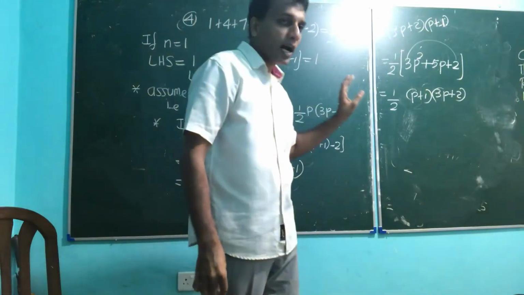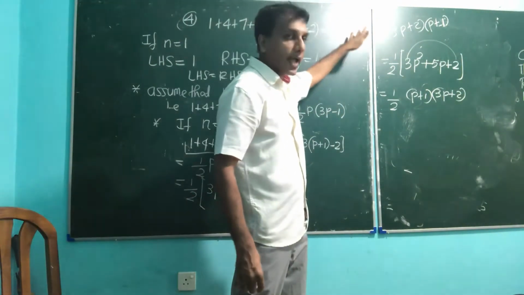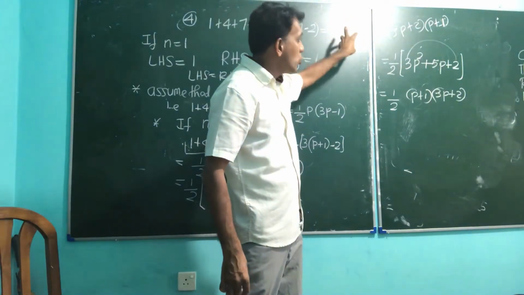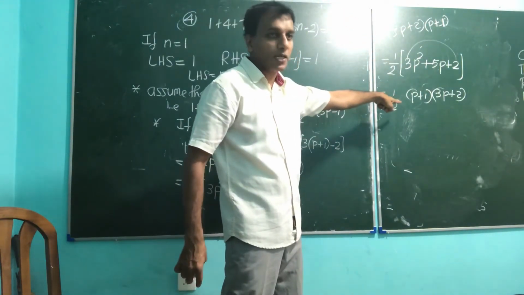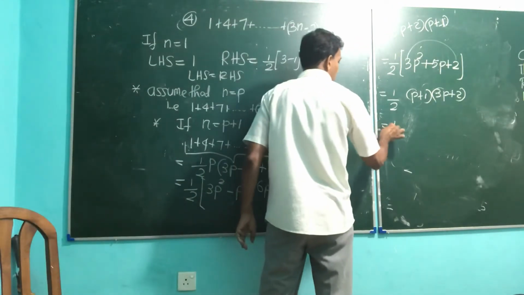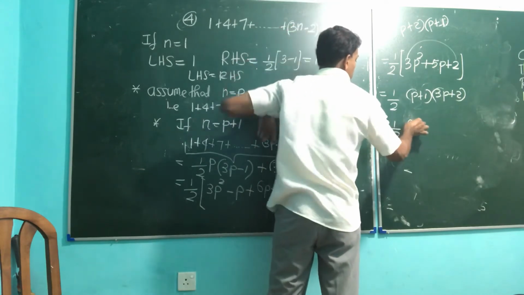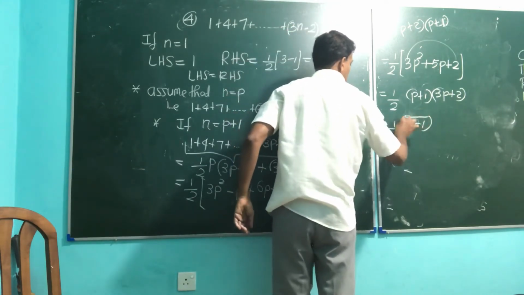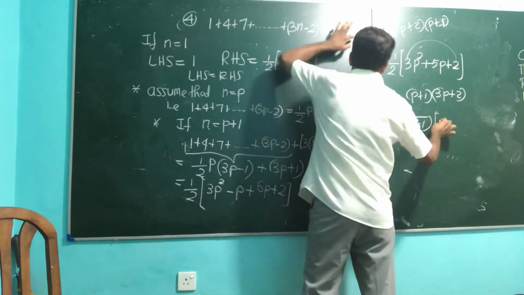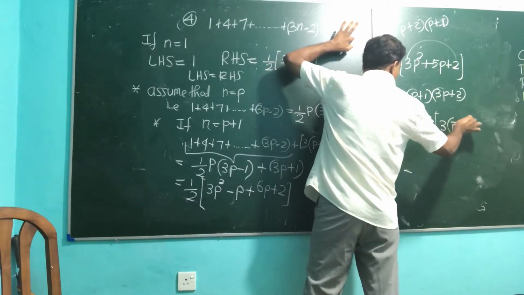So what is this answer? In the original problem, on the right hand side, if you substitute n for p plus 1, is it available? Then you show that manner. Therefore, half into n for p plus 1, put a bracket, and next 3 into n for p plus 1 plus 2.